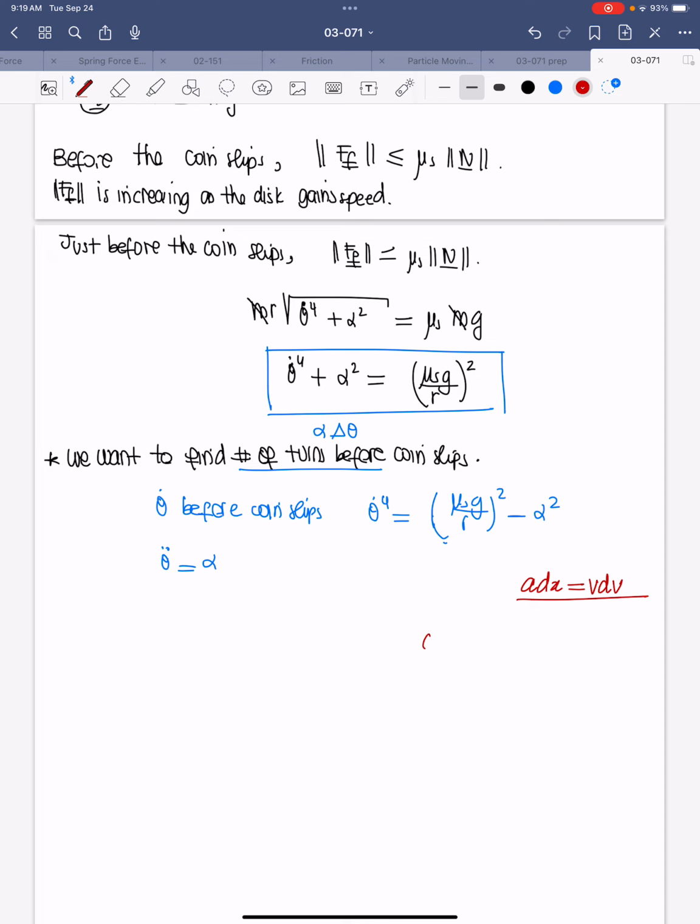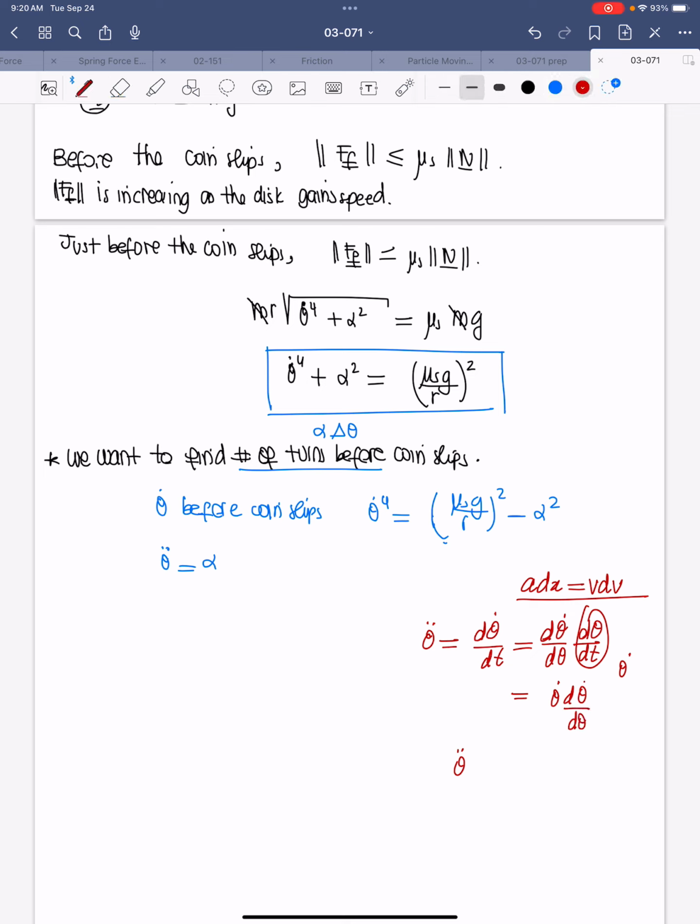So if I look at theta double dot, it's equal to d theta dot by dt, which is d theta dot by d theta, if we write theta dot in terms of theta, times d theta by dt, which is theta dot. So theta double dot becomes theta dot d theta dot by d theta.